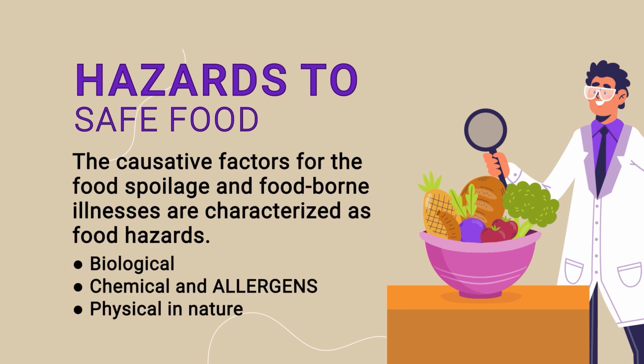In other words, the causative factors for food spoilage and foodborne illness are characterized as food hazards, and there are three types: biological, chemical, and physical. Allergens are also covered under chemicals, or as an independent category because of their growing concerns.